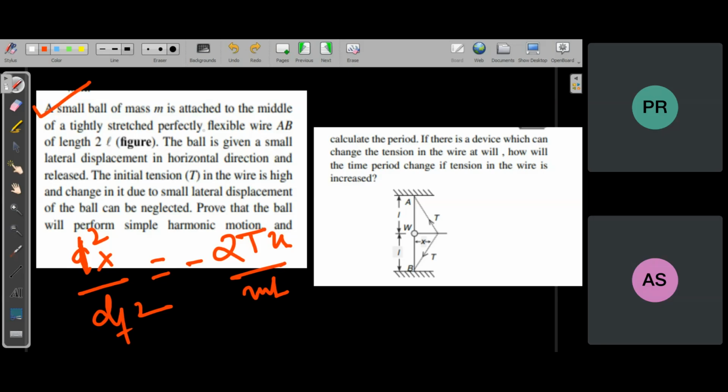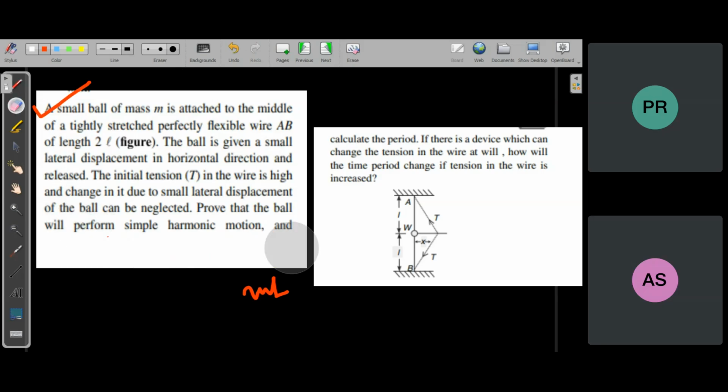Suppose that even if tension changes at will, it means it can take any value. Okay. Suppose for a minute that tension can automatically change. There is some device which can automatically change the tension and it can take any value. So it can take a bigger value, smaller value, any value. But then also at any instant, the net force will be minus 2tx by ml, right?